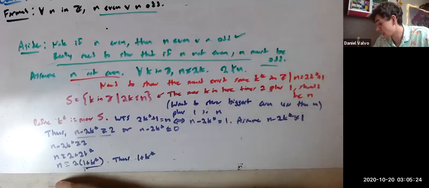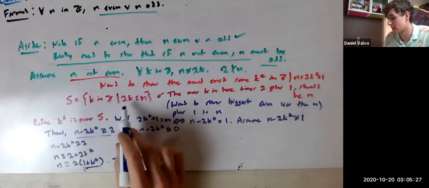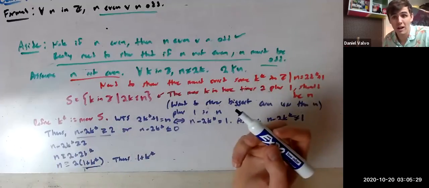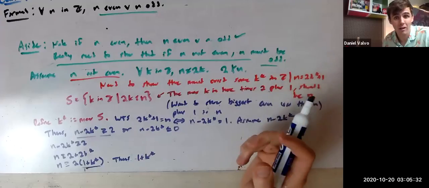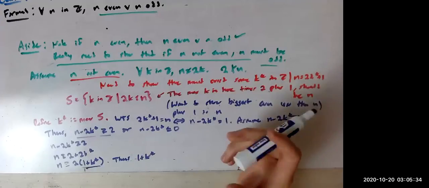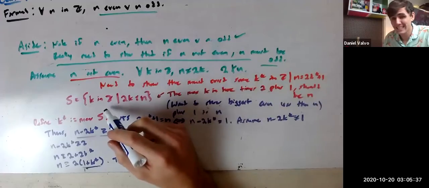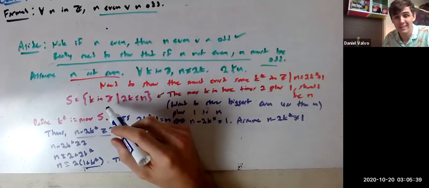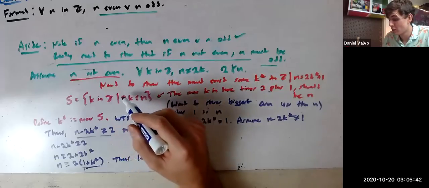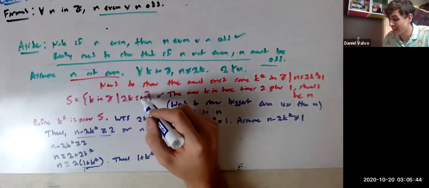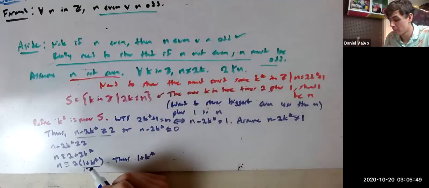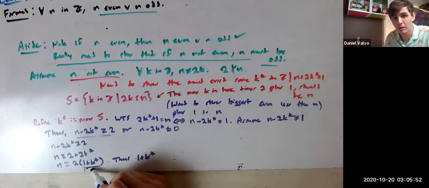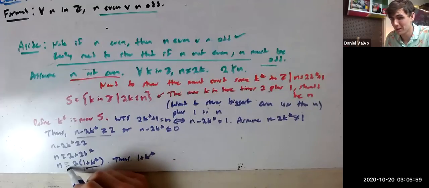K star is the maximum of this. We have no idea if k star is even or odd. We don't really care. What is S? S is the set of all integers that you can multiply by 2, and it'll be less than or equal to n. Well, 1 plus k star is an integer that you can multiply by 2, and it's less than or equal to n.